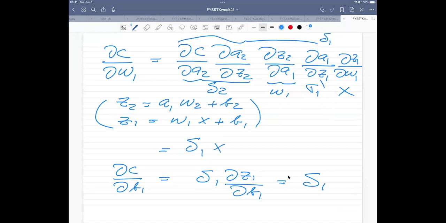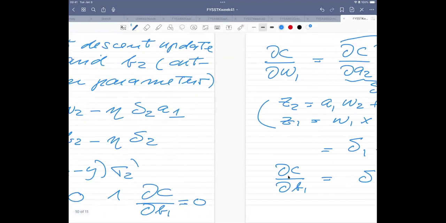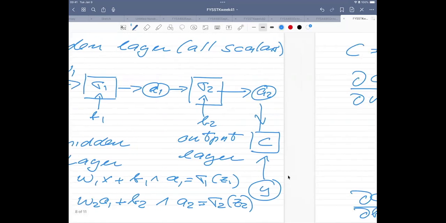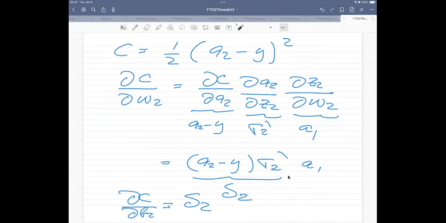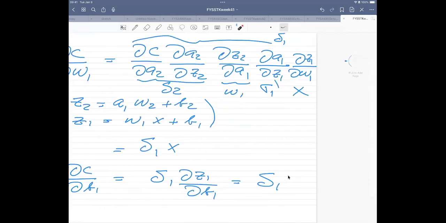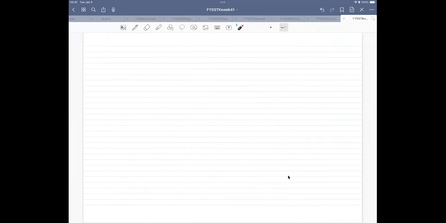But the backpropagation is actually us starting with a function which we want to calculate the derivative of, which is this guy here. This is the one we want to optimize. In the output layer, we have parameters W2 and B2. But clearly, we also have further parameters, like in this case, W1 and B1. So when we have these expressions, what we have now is the updates for the hidden layer.